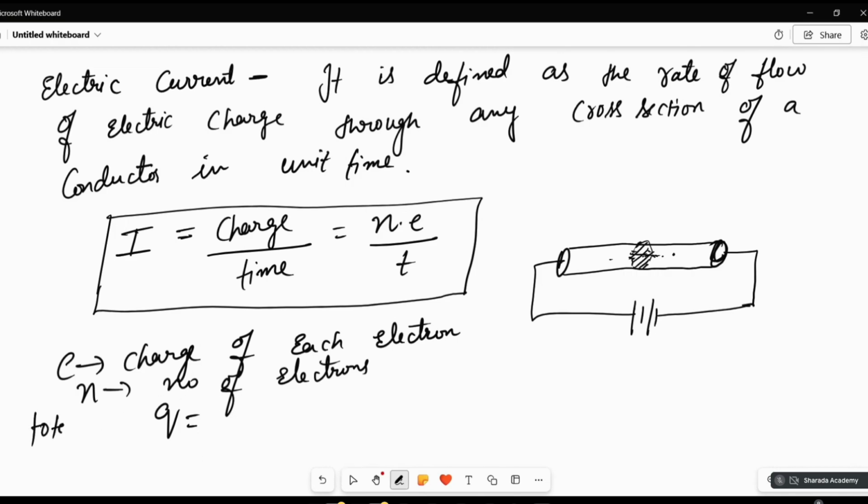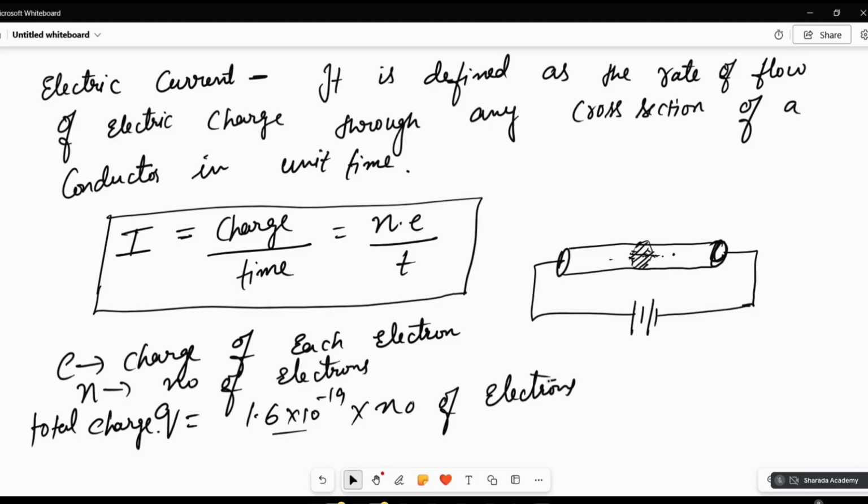The charge of each electron is 1.6 into 10 to the power of minus 19, into the number of electrons. If you want to write a note, charge Q is equal to N into E.